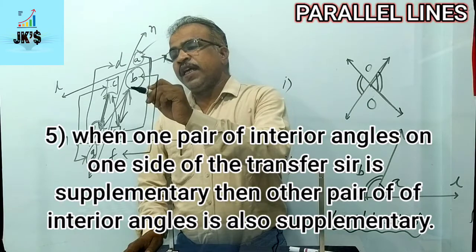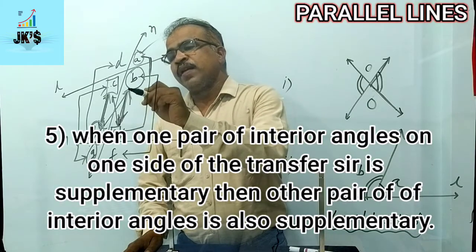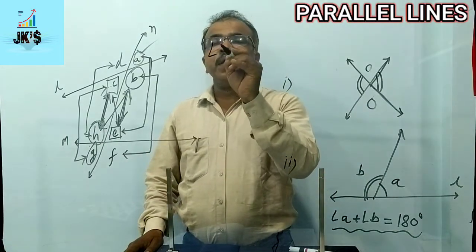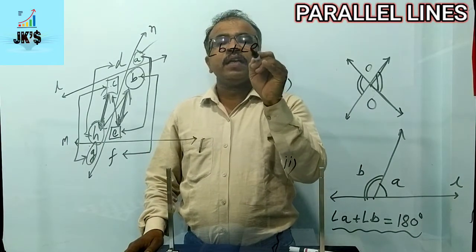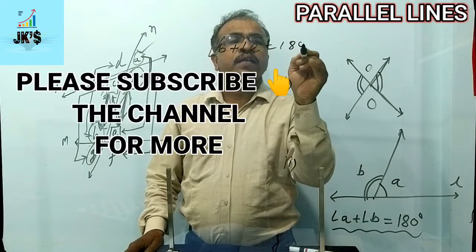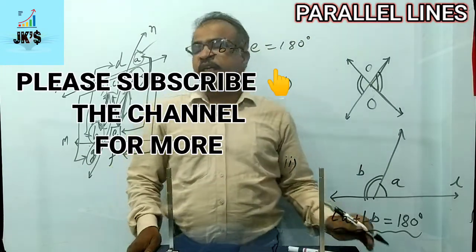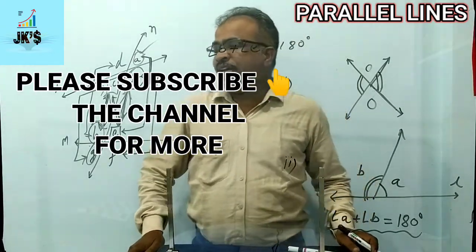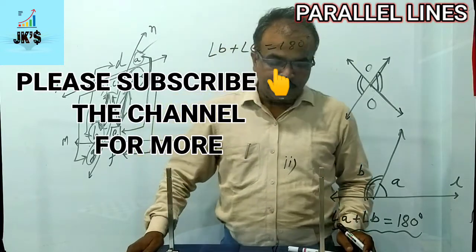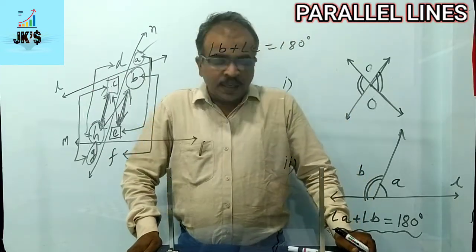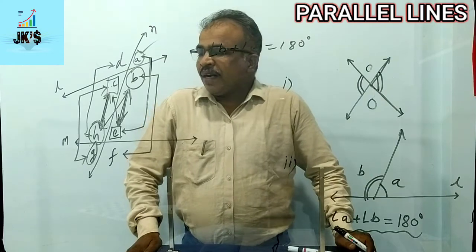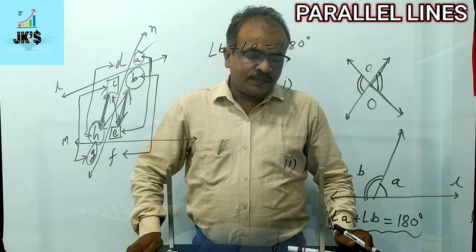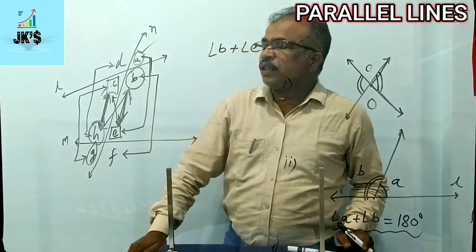The interior angles B and E are supplementary means angle B plus angle E equals 180. The sum of the two interior angles is 180. These are the properties of parallel lines and the transversal, meaning the angles related to these.